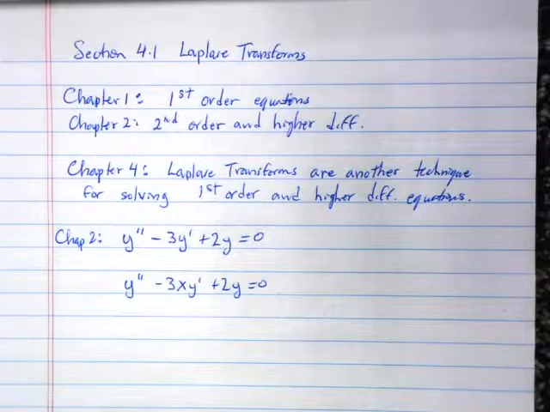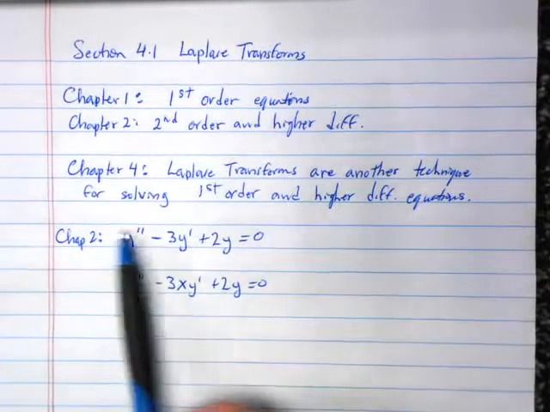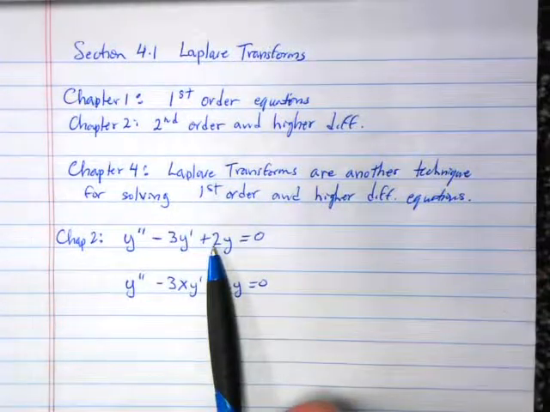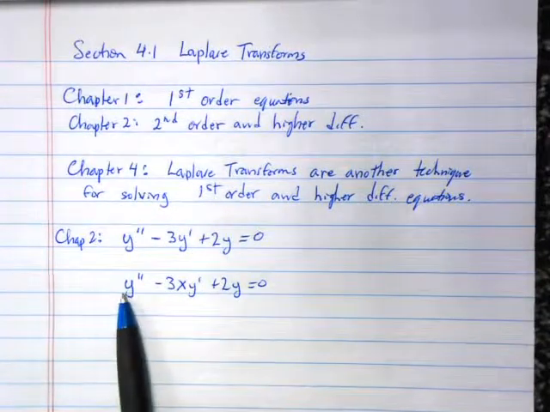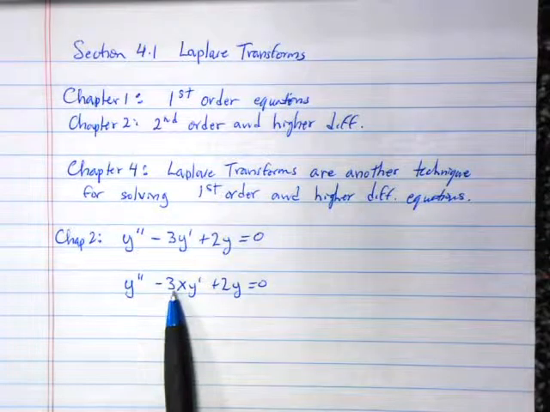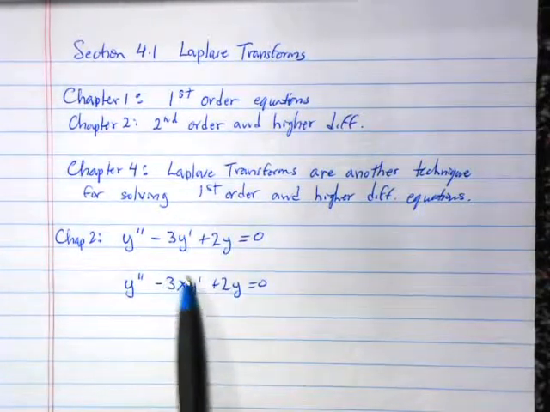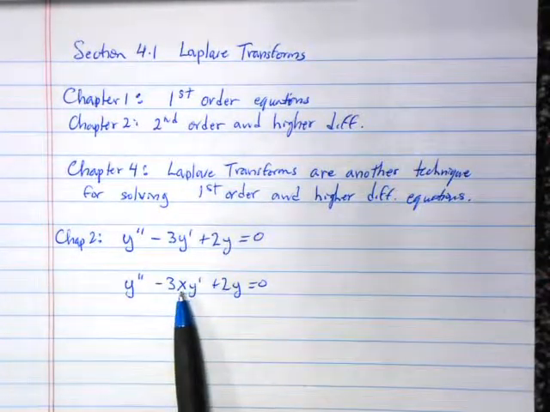You cannot solve that equation with the things that we learned in Chapter 2, because in Chapter 2, we had to have constant coefficients. So one of the goals with Laplace transforms is we will be able to solve equations which do not have constant coefficients.